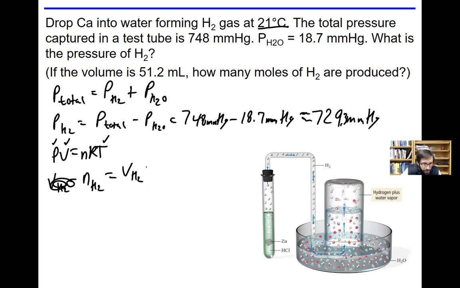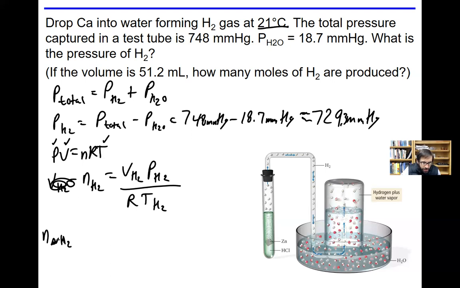We're going to have to convert that to liters, just to use the normal units for our ideal gas constant. So we're going to have n equals PV over RT. Okay, so we have volume of hydrogen. I wrote it VP here, but VP and PV, same thing, over RT hydrogen.